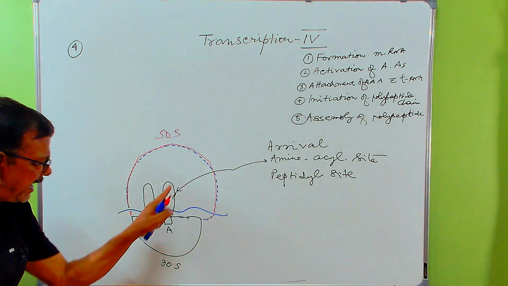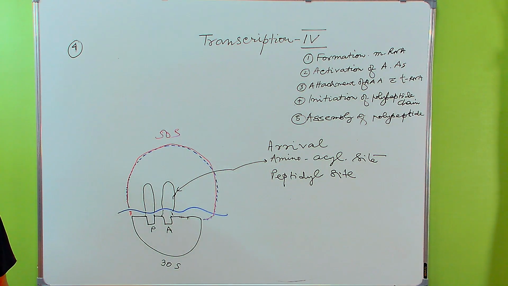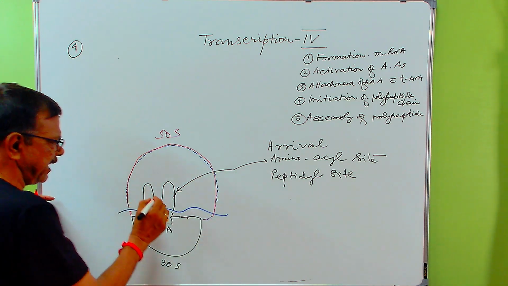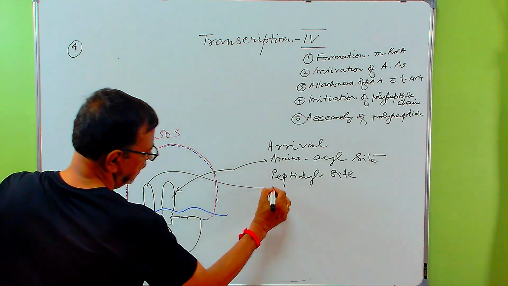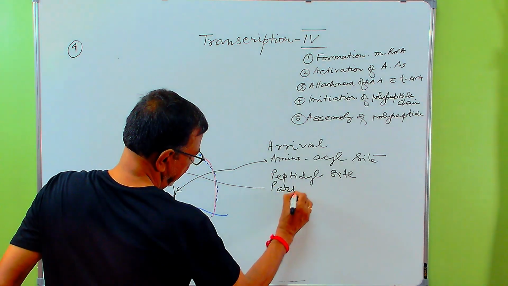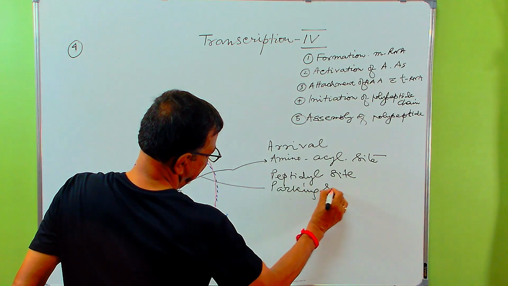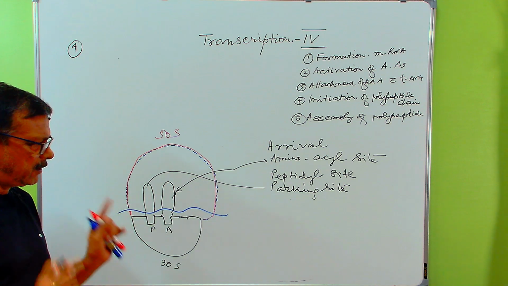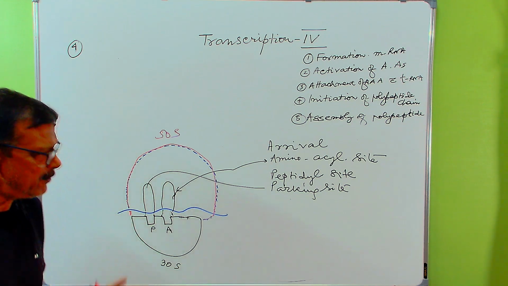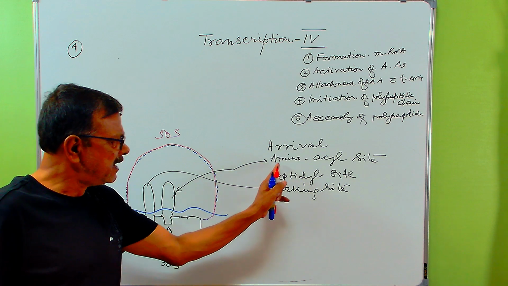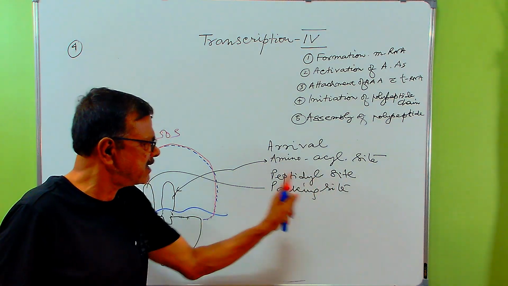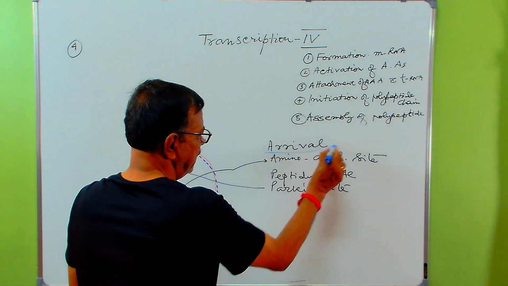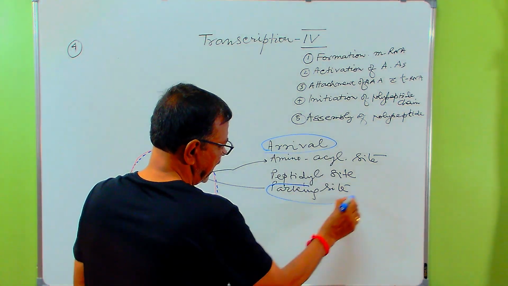The amino acid arrives here. Clear? And the P site we will call the parking site. The amino acid gets parked here. There will not be any confusion. But this is the amino acid site, this is the peptidyl site. For our convenience, we will write this as arrival and parking.